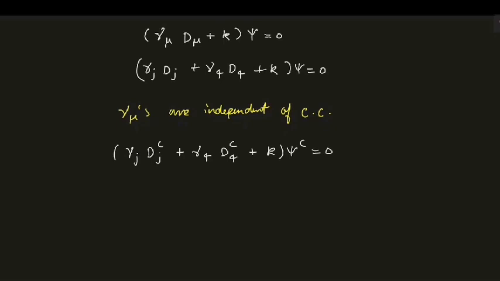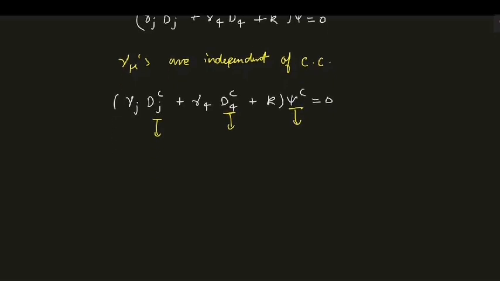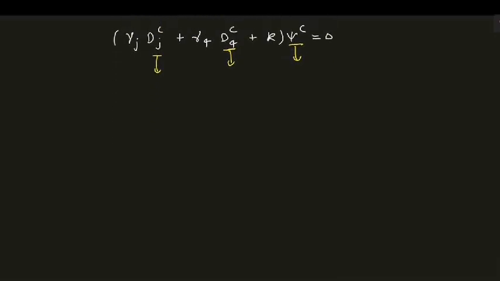If you want the Dirac equation under the charge conjugation operation, you need to know these things first: D_j charge conjugated, D_4 charge conjugated, and psi charge conjugated. For psi charge conjugated, you can assume a simple form: psi charge conjugated equals lambda c times psi star. Why star?